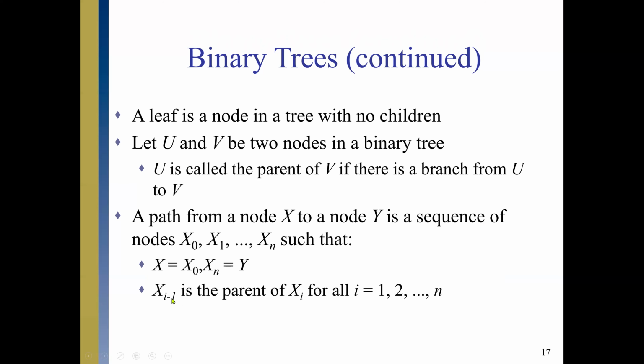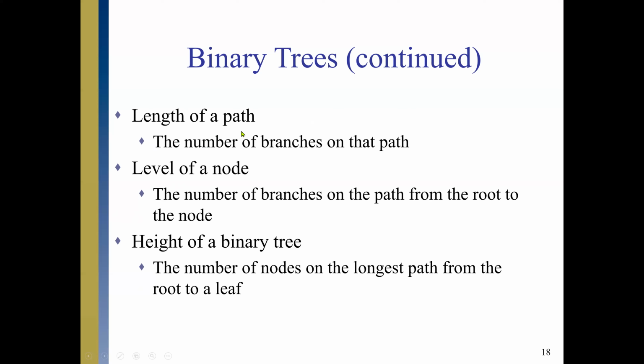So next, the length of a path will be the number of branches on that path. When we say branches, more or less going from one level to another, where we branch on the levels. And also a level of a node will be the number of branches on the path from the root to the node, as we said earlier.